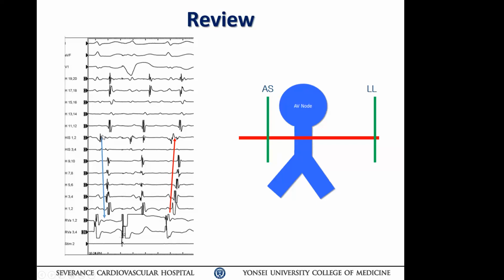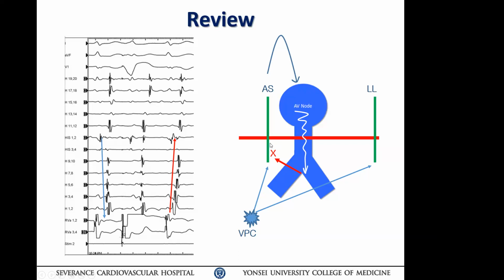The possible reason is that the retrograde conduction is through the anteroseptal bypass tract, and after PVC on His, we induce a fusion beat that goes up to the anteroseptal bypass tract and left lateral bypass tract at the same time, and then antegrade to the AV node. Conduction is a little bit slow because it's early. And then, because it's early, it blocked in the anteroseptum as we saw at the first EGM.